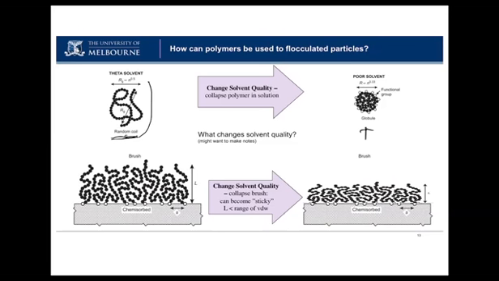So what are some of the things that might change solvent quality? Let's talk just for a moment about what types of interactions polymer monomers have with solvent. On a molecular level, we could have hydrogen bonding.